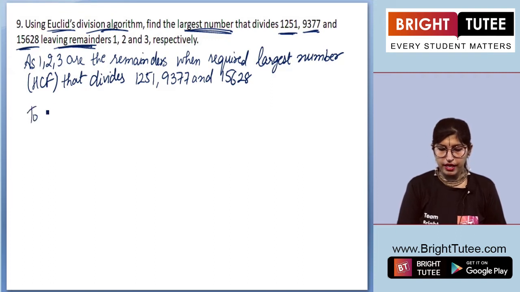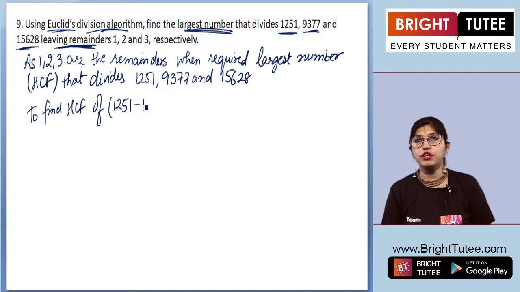So we need to find the HCF of which numbers? We will be subtracting 1 from 1251 because we are left with the remainder 1 in this case.